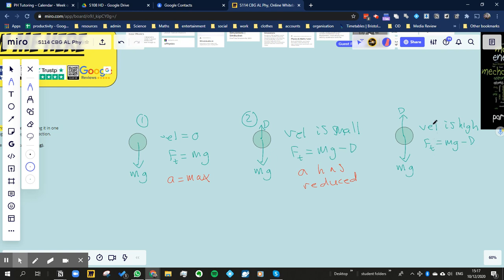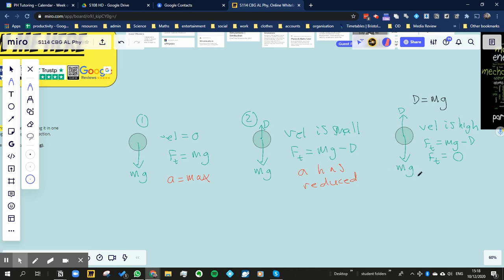We know that it would move, because when objects are falling, they do reach this point. So the thing that does stop is not the speed, but the acceleration. So D is equal to mg, which means that Ft is equal to mg minus D. If they're both the same, Ft is equal to 0. The total force is equal to 0.